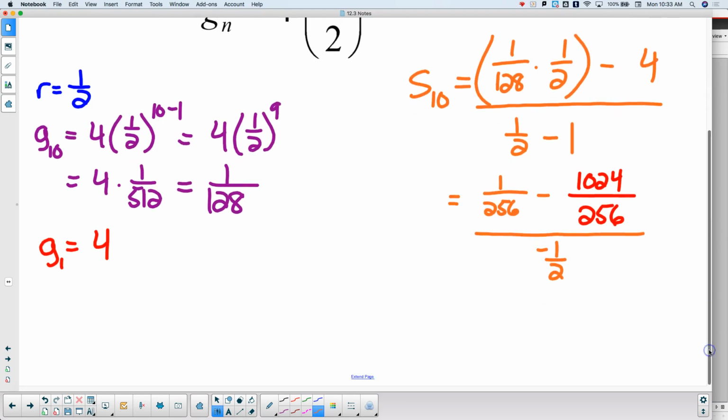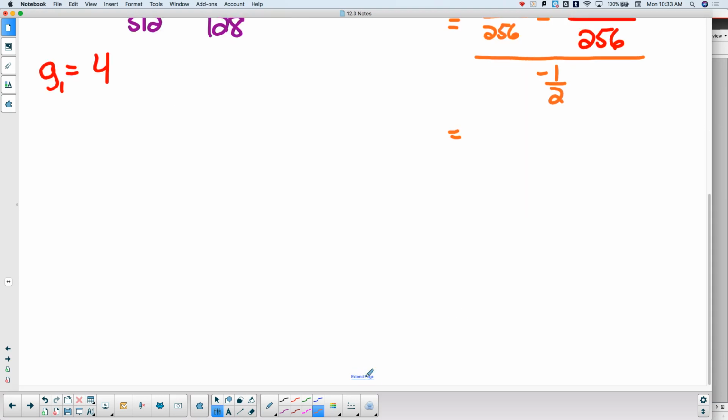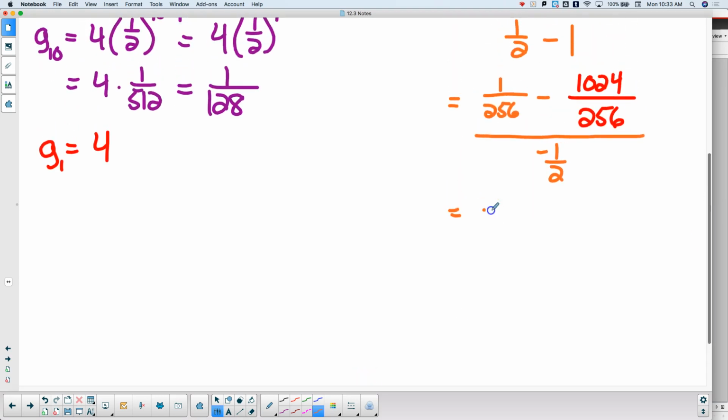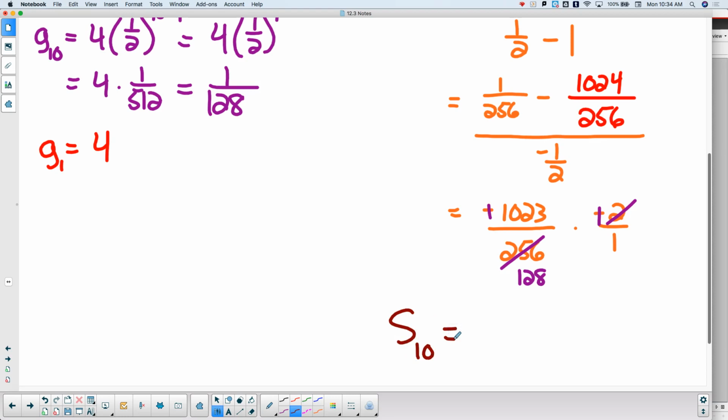So this becomes then, oops, went too far, negative 1023 over 256 times the reciprocal of the denominator. Negatives cancel out. 2 goes into 256 128 times? Yeah. So I get the sum of the first 10 terms is 1023 over 128.